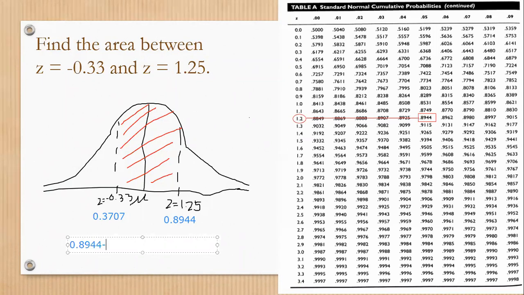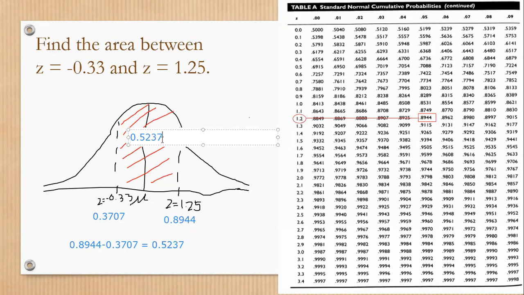0.8944 minus 0.3707, and that is equal to ilan? 0.5237 po. Ayan. So therefore, the area between z equals negative 0.33 and z equals 1.25 is 0.5237.